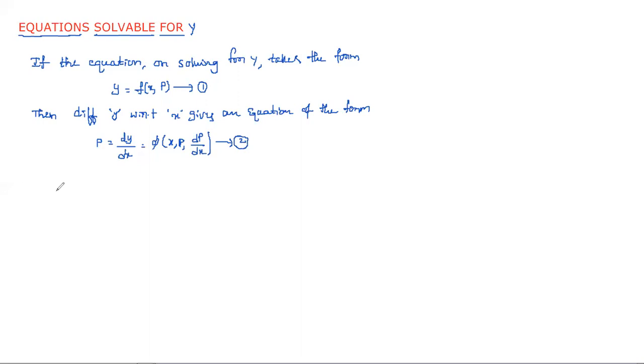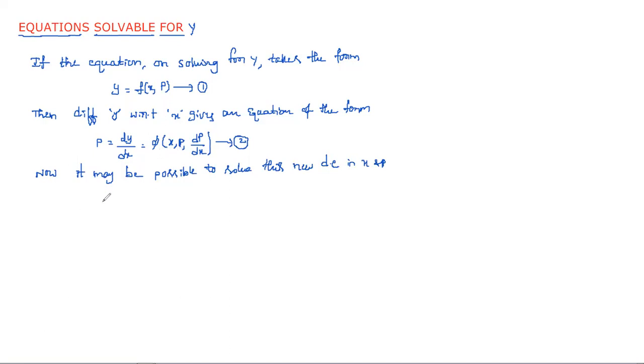And now it may be possible to solve this new differential equation in x and p. If it is possible to find the general solution for the new differential equation, you can find it.